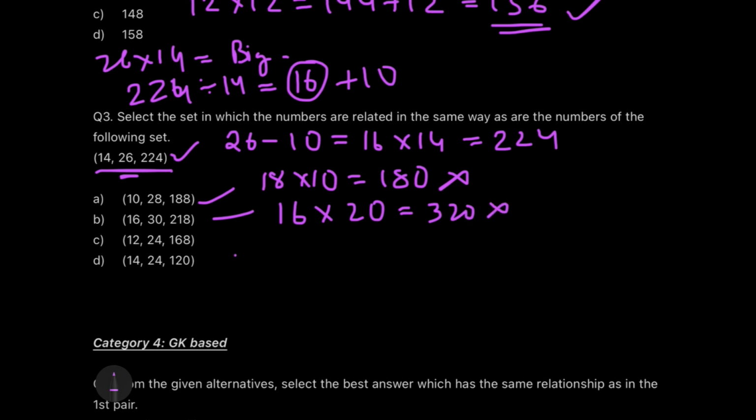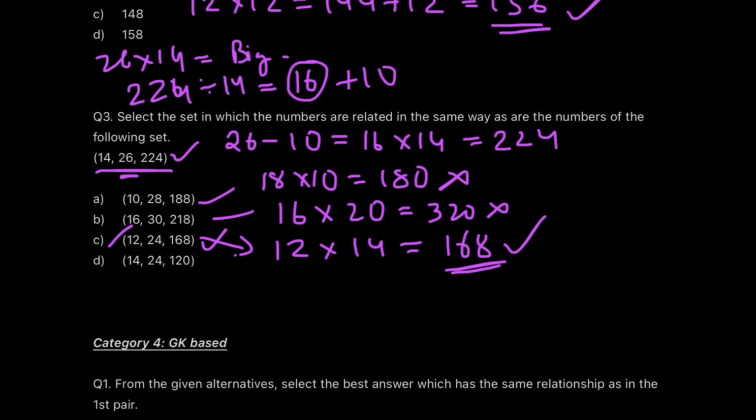Now finally coming to option C, this is 12 into 14, and that gives me exactly 168. That's the correct answer, which is the rightmost number. So option C is following the same pattern as was given in the above question. So therefore option C will be the correct answer over here.